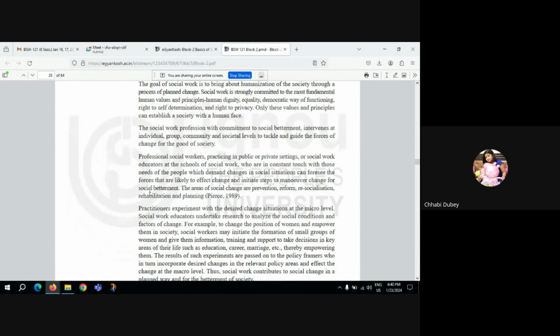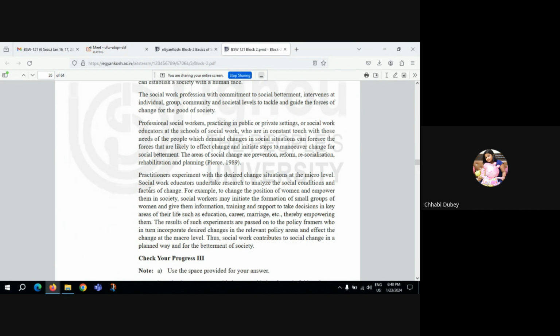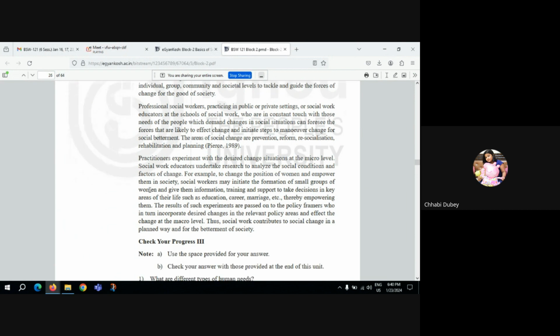Now, professional social workers, whether practicing in public or private settings, who are in constant touch with those needs of the people which demand change in social institutions, can foresee the forces that are likely to affect change and initiate steps to maneuver changes for social betterment. Generally, practitioners who experiment with the desired change situations work at the micro level.